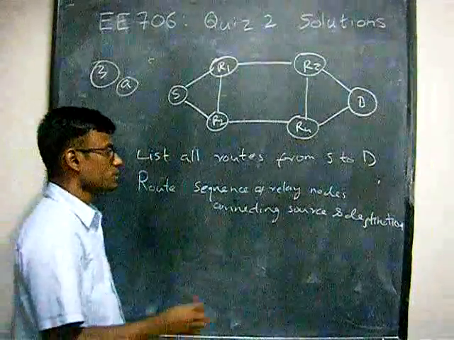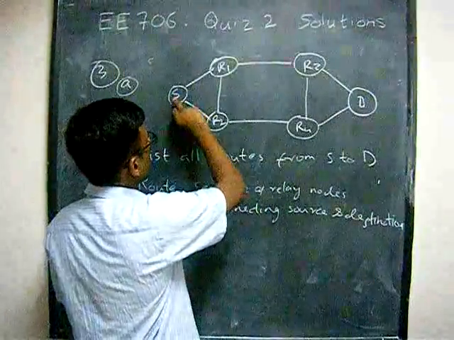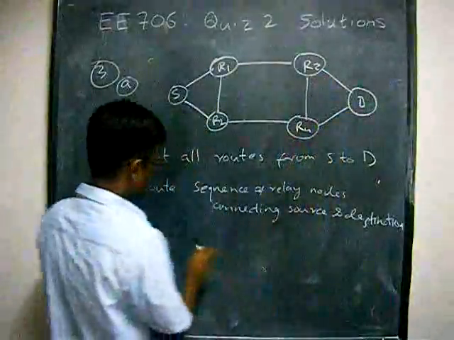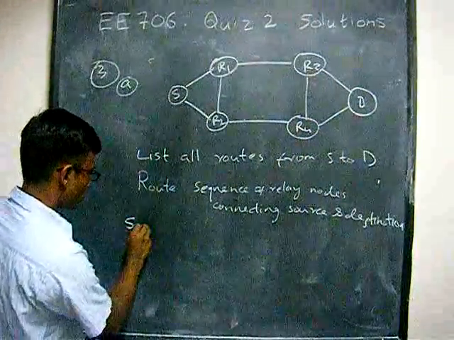And usually you consider the source and destination also as part of the route. So one simple route from S to D is S, R1, R3, D. So that's one. Let me write that here.